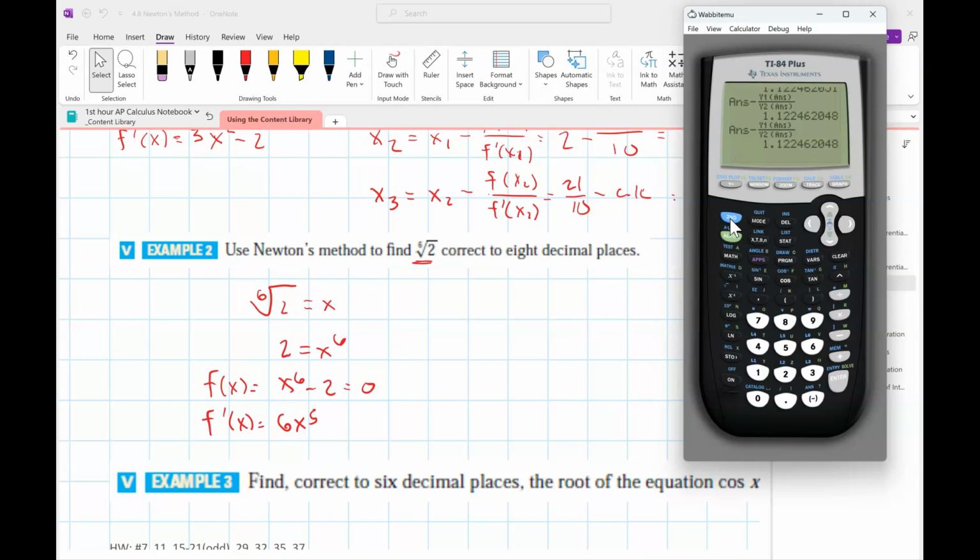And really, your calculator is not even giving you the exact value of the square or cube or sixth root of 2. In Calc 2, you're going to learn how the calculator is actually doing this.